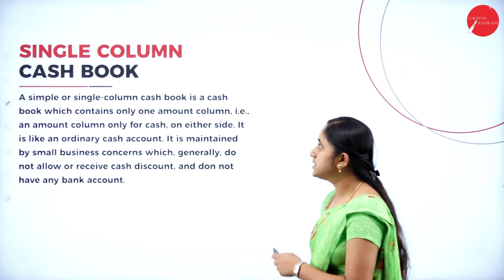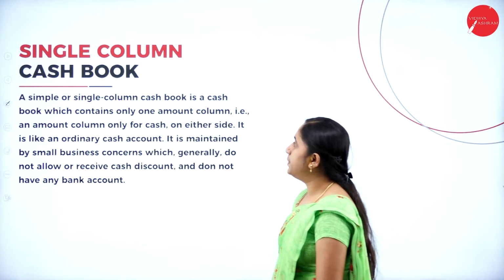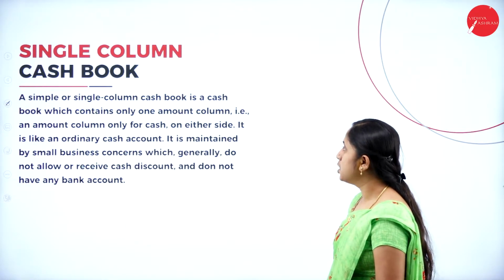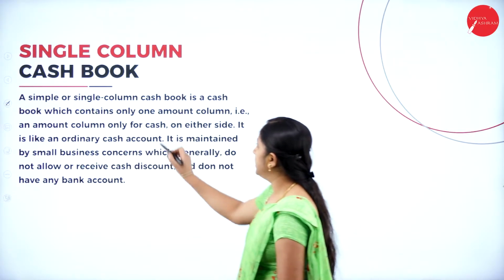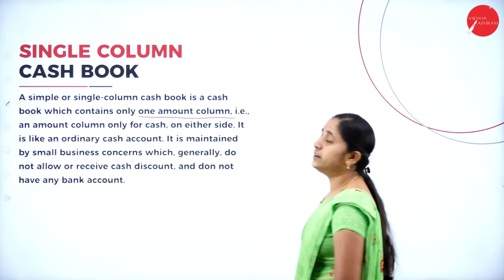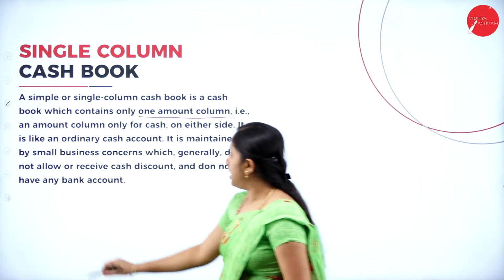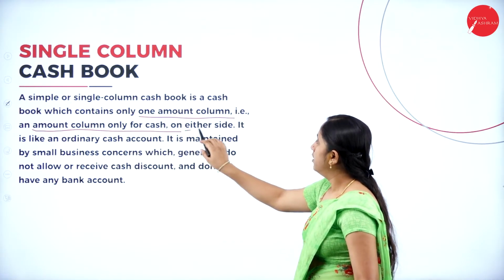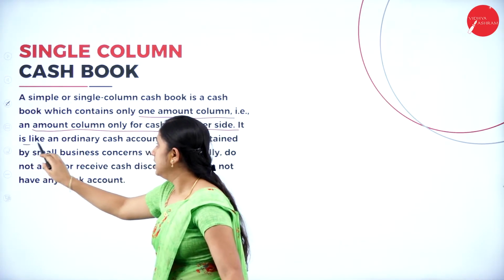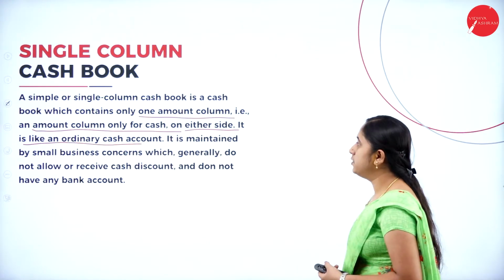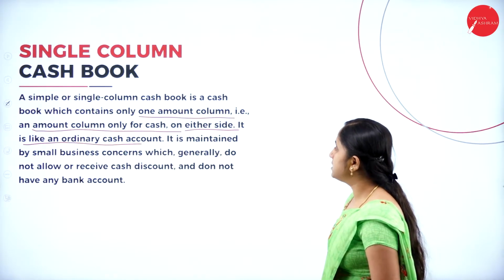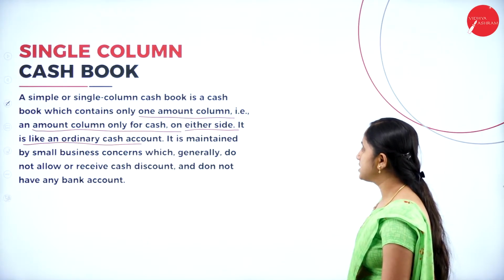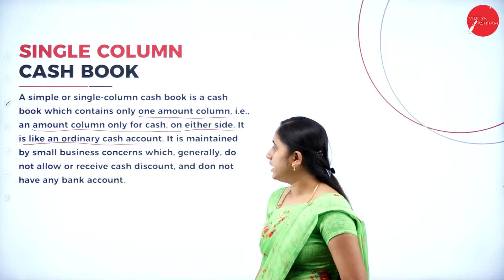Under that, first, single column cash book. A simple or single column cash book is a cash book which contains only one amount column. That is an amount column only for cash on either side. Like an ordinary cash account, it is maintained by small business concerns which generally do not allow or receive cash discount and do not have any bank account.